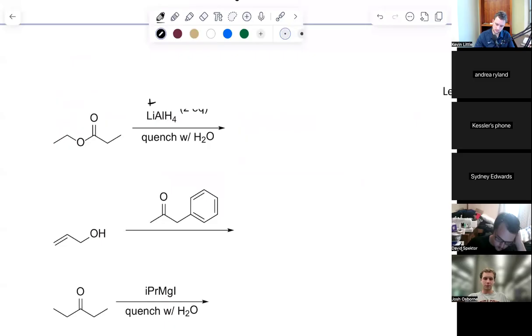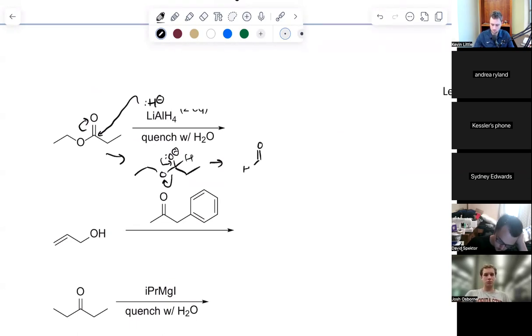So this is H minus. It's going to add into this electrophile, kick up the carbonyl. I want to reform the carbonyl. Can I? Yes, there's a decent enough leaving group. It just has to be a heteroatom. Now I've got another electrophile.